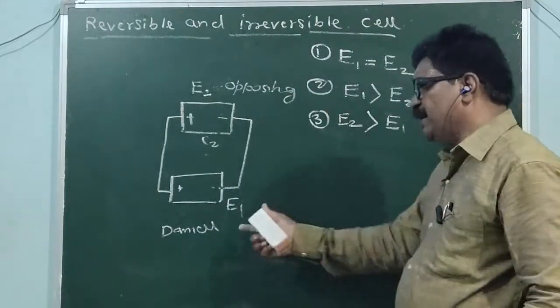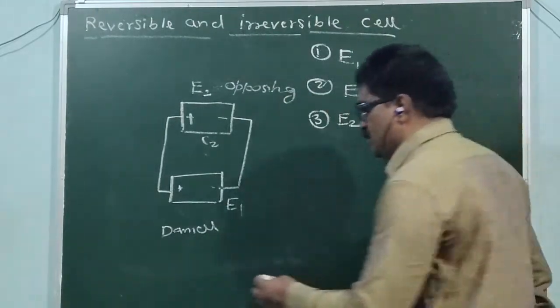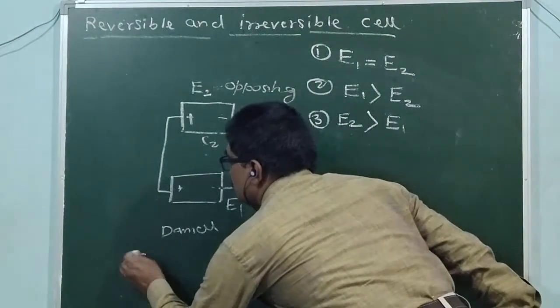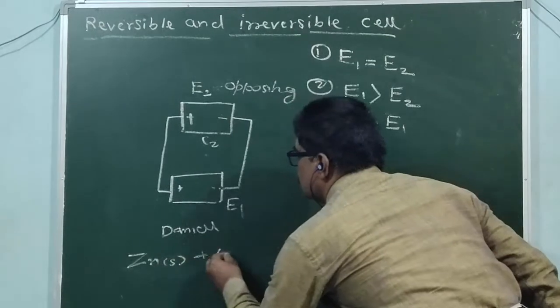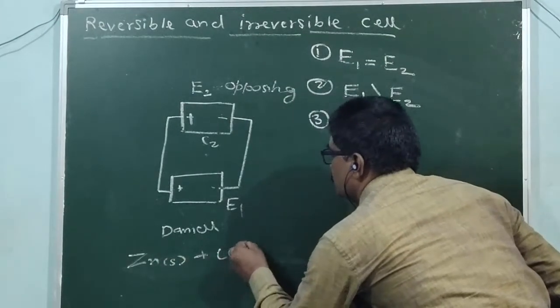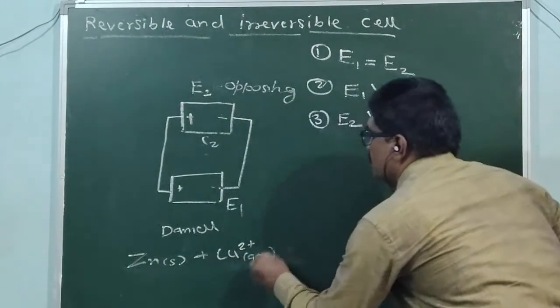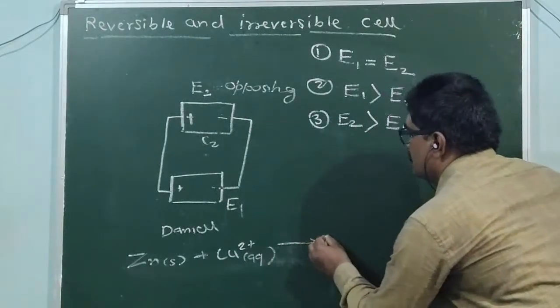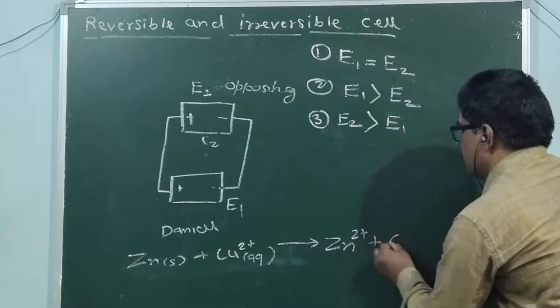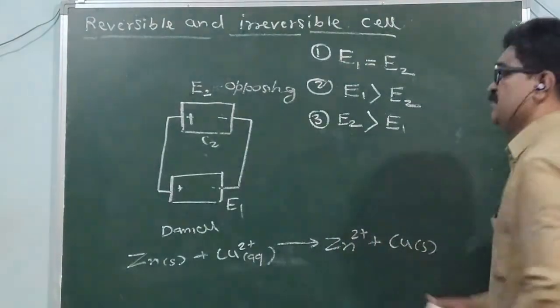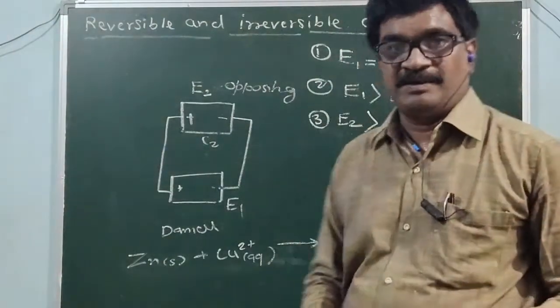So in case of the Daniell cell, the normal redox reaction is this, that is Zn solid plus Cu2+ aqueous gives you Zn2+ plus Cu solid. Now this is the cell reaction of the Daniell cell.